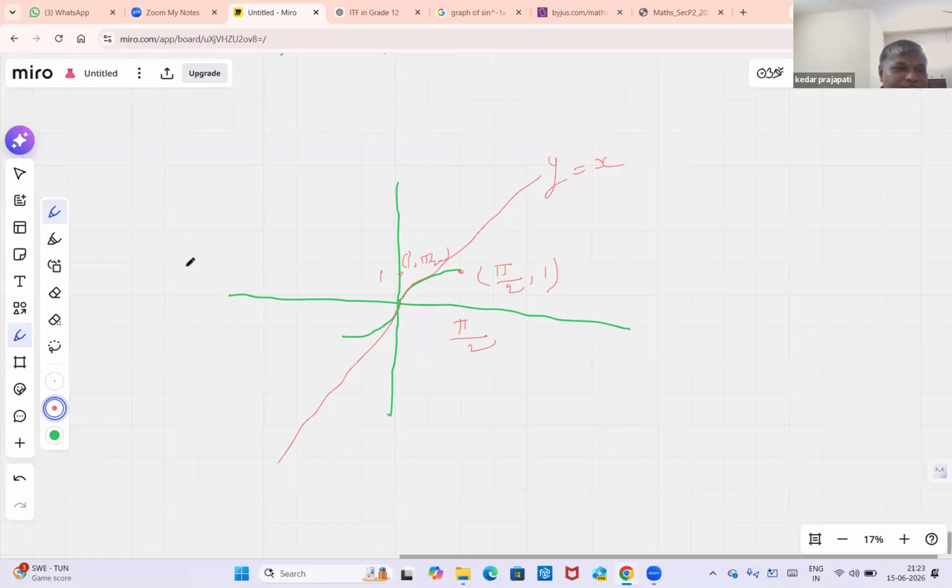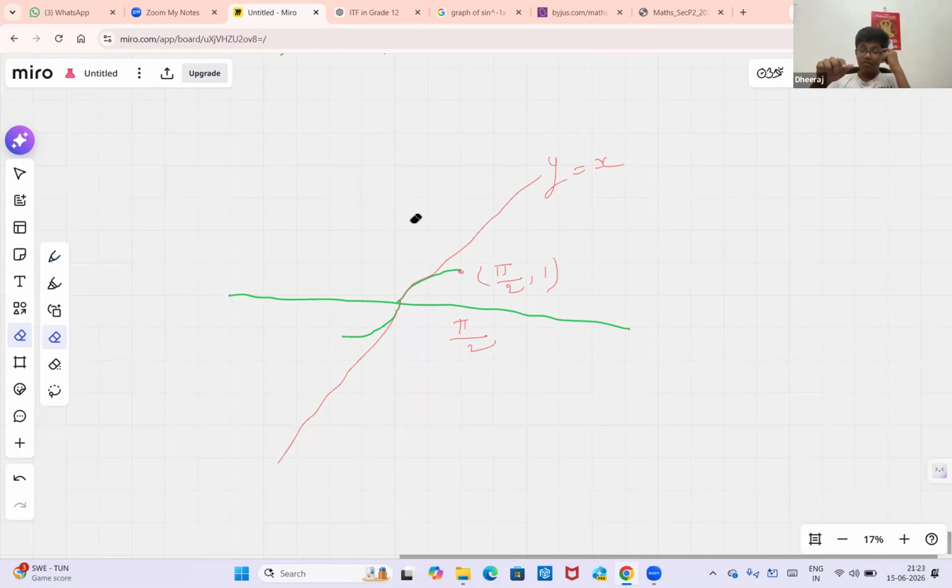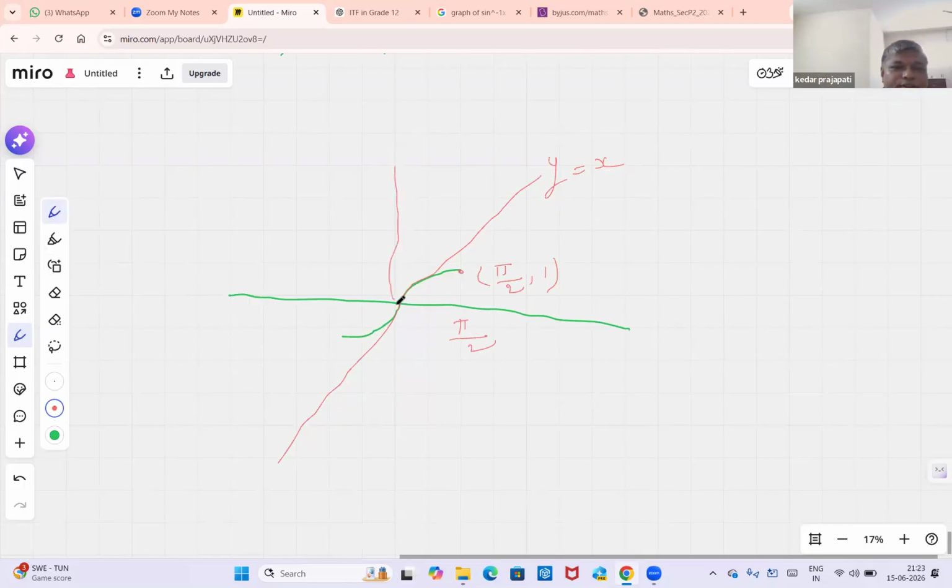So how will you neatly draw it on pen and paper? We can draw it like this. We should be able to draw it. So the other point will go like this, correct?